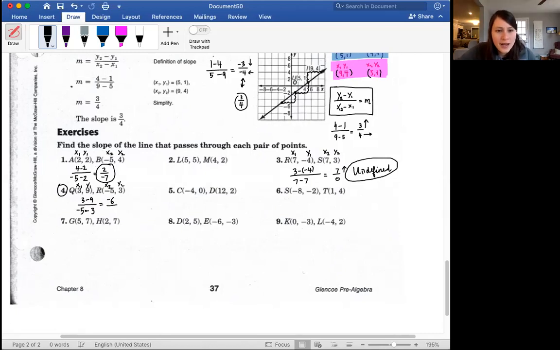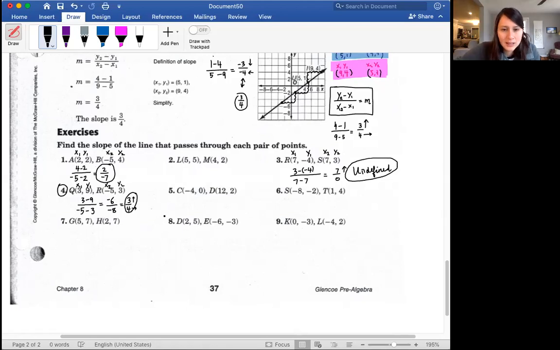And then negative 5 minus negative 3, add the opposite, is negative 8. Can I simplify this? Yes, I can. And it's a negative over a negative. So when you have a negative over a negative, you can just write it as a positive. And so this would be 3 over 4. Right? Divide that by 2. So it has a 3 over 4 slope, which means it's going up 3 to the right 4.